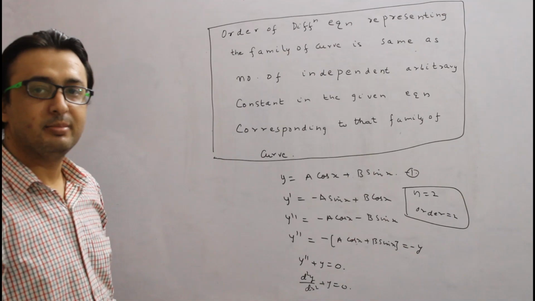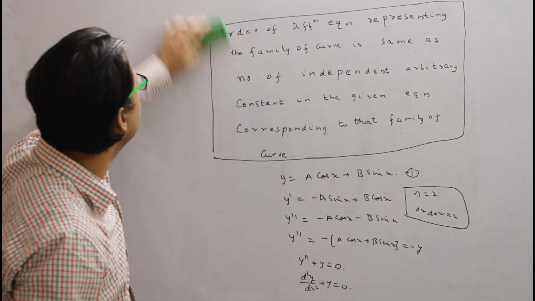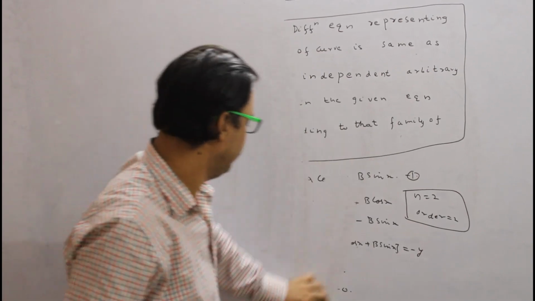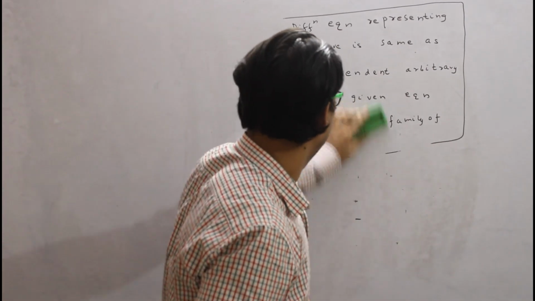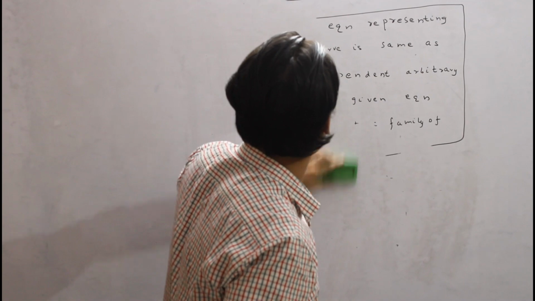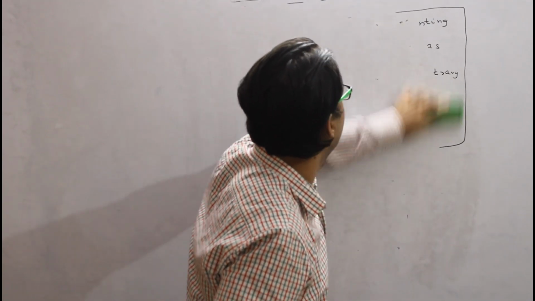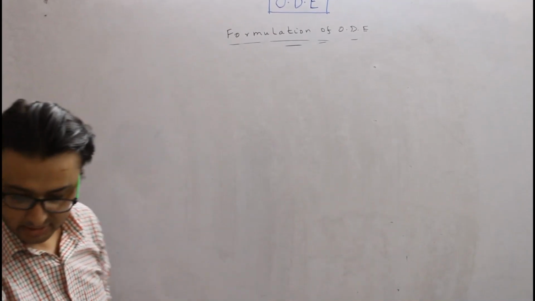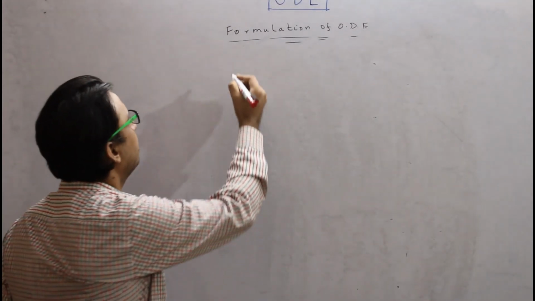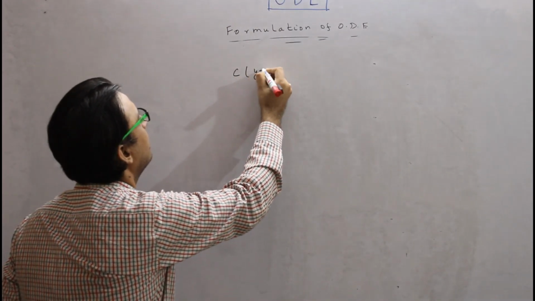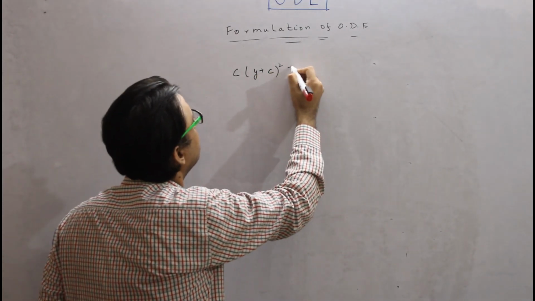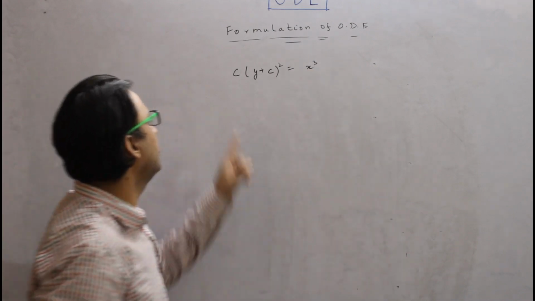Now I am going to take up some of the questions based on this. The first question that we will take up is, we have to find the differential equation for this equation, that is c.